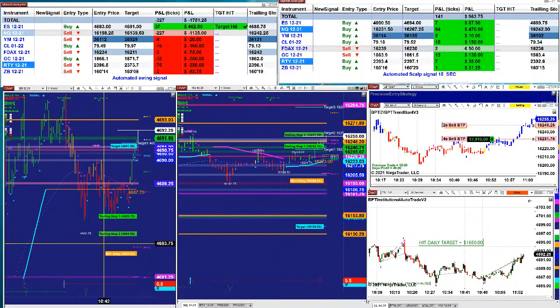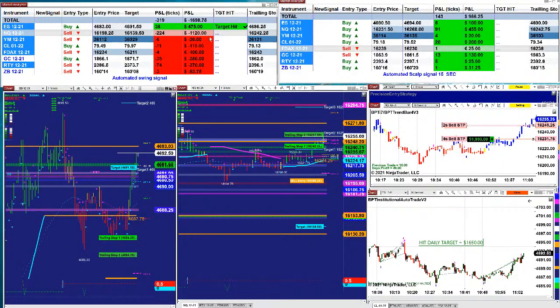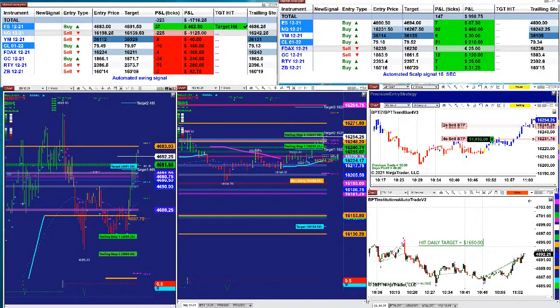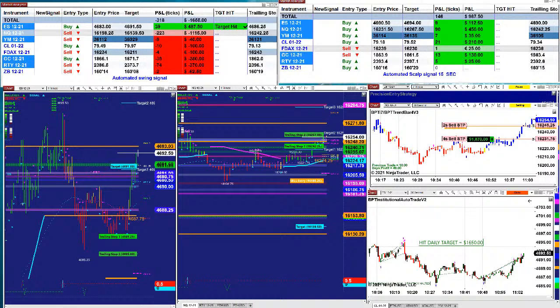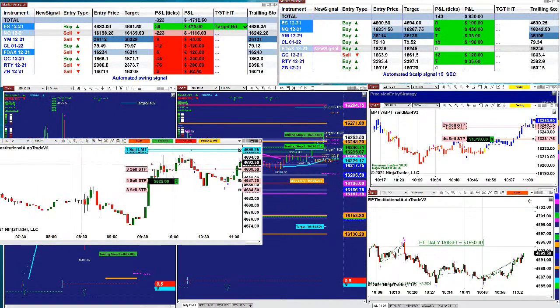Let's see what's going on. If you notice, the market analyzer is in red right now. The scalper is doing okay. The 15-second is doing okay. This is another time frame for the institutional auto trade we covered on Monday.